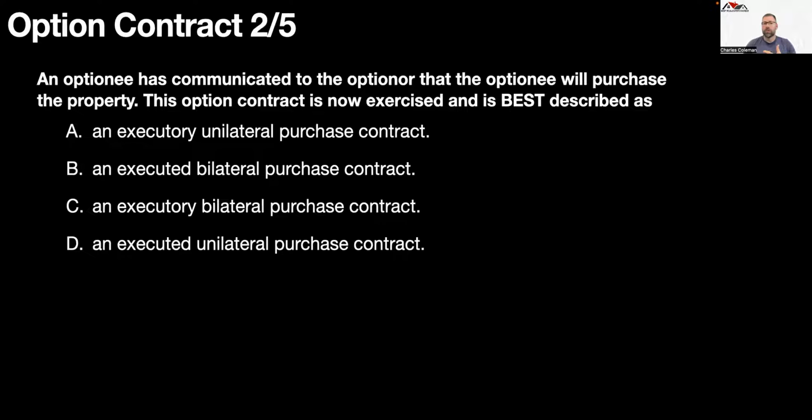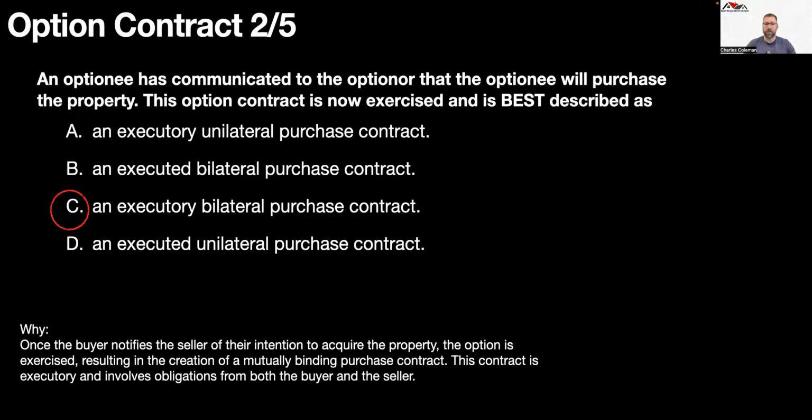Question number 2. An optionee has communicated to the optioner that the optionee will purchase the property. The option contract is now exercised and is best described as an executory bilateral purchase contract.